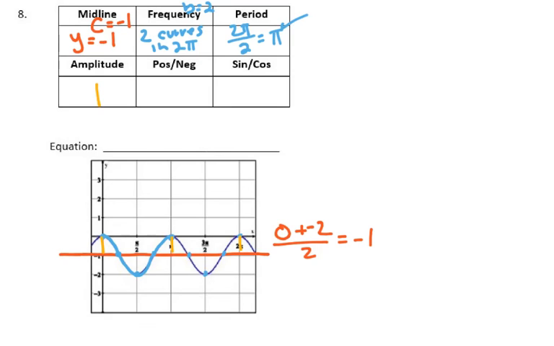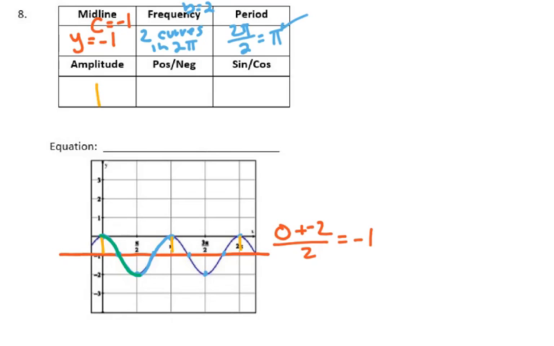And now we need to determine if we are going to be a positive or negative graph and what type of graph, sine or cosine, we are. Because we are starting above the point 0, 0, we're starting at our max, we're going down to 0 and then down to our minimum. This is going to be indicative of what a cosine curve would start off as.